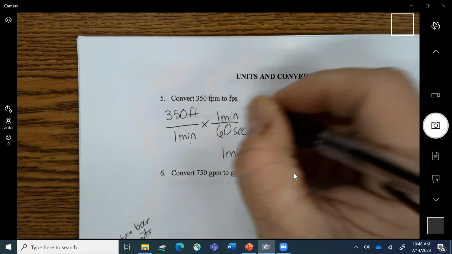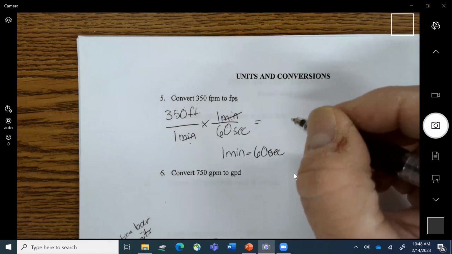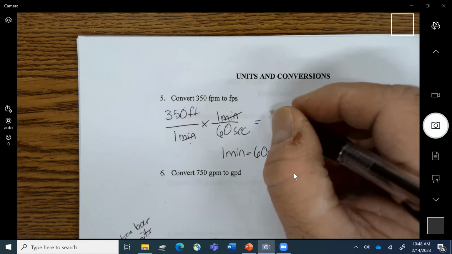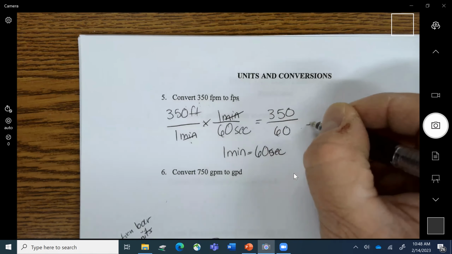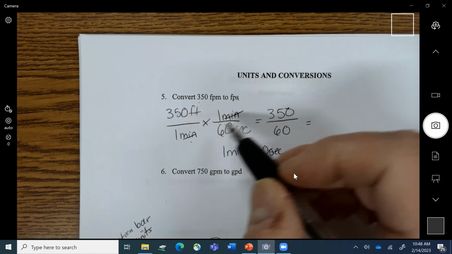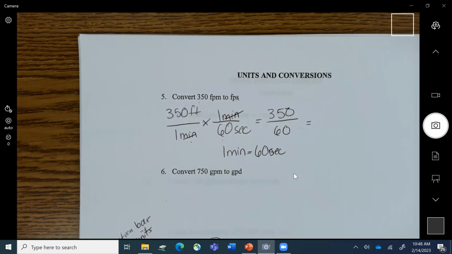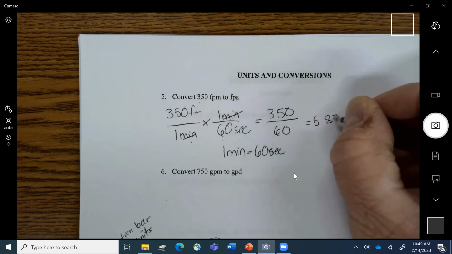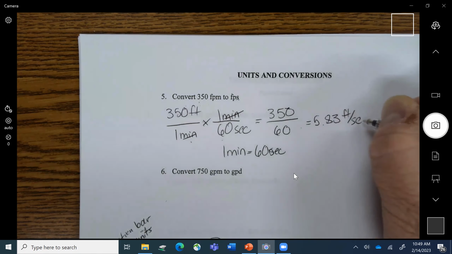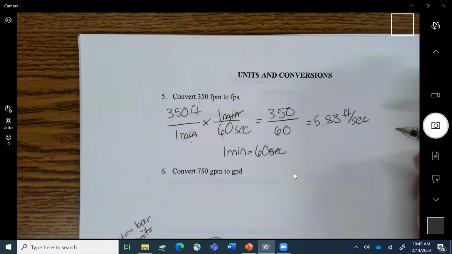So my minutes will cancel, and I'll get 350 over 60, because 350 times 1, 1 times 60. That will give me 5.83 feet per second.